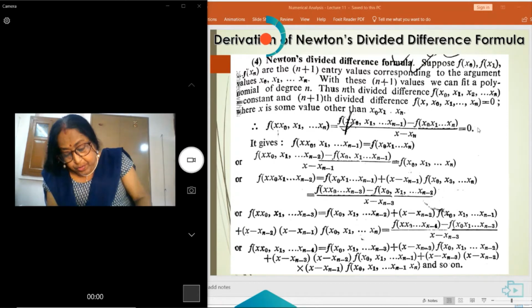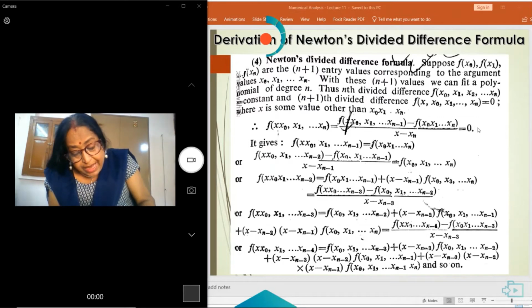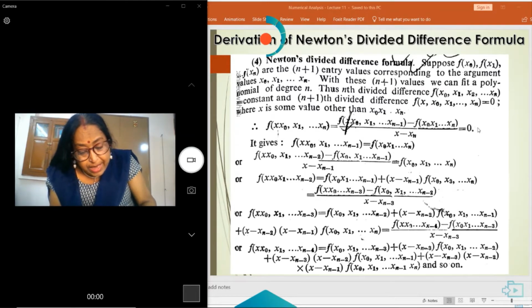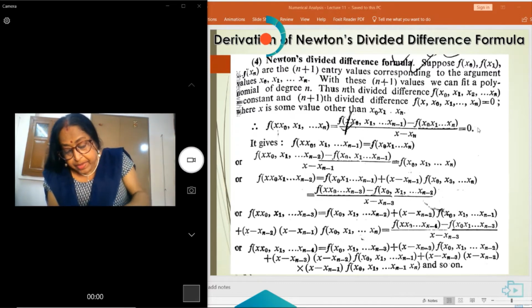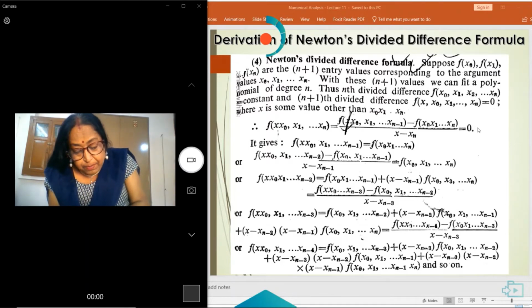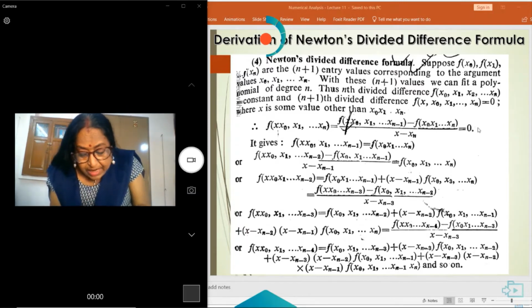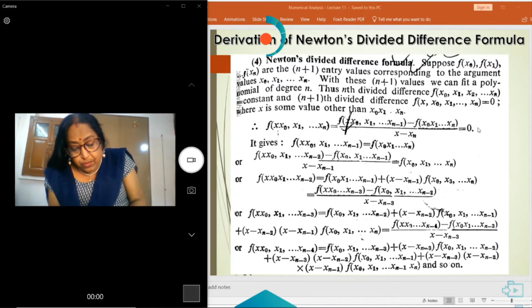As I told earlier, f(x, x0, x1 up to xn) can be written as f(x, x0 up to xn minus 1) minus f(x0, x1 up to xn). See this line clear again: this is equal to f starting from x going up to xn minus 1, minus f starting from the second value going up to the last value, divided by the first value minus the last value, that is x minus xn, and that is equated to 0.